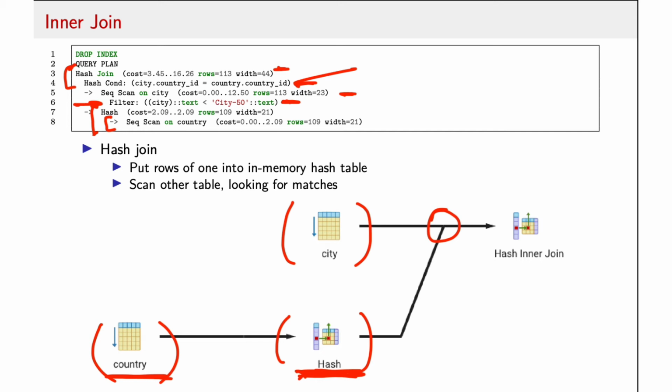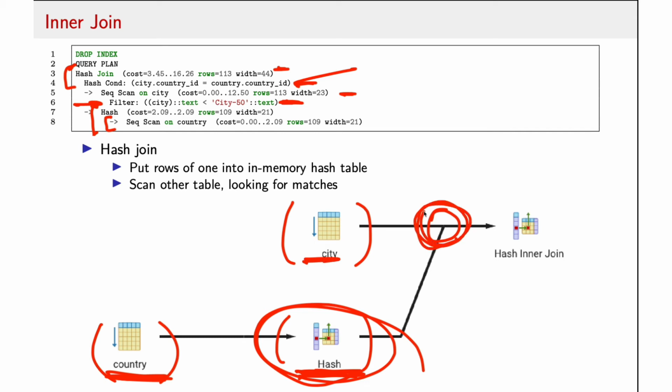In other words, we're not going to join together all of the cities that survive the where clause with all the possible countries. We're only going to go look in this underlying hash table that we created down here to find those countries that have the country ID that corresponds to the city that we're working on right now. So that's what's really taking place here in this join itself, to finally come out with the list of rows that satisfy all these criteria.